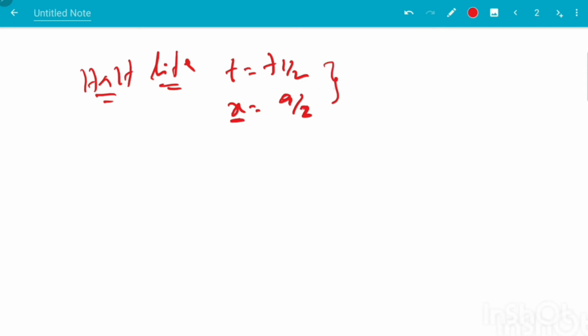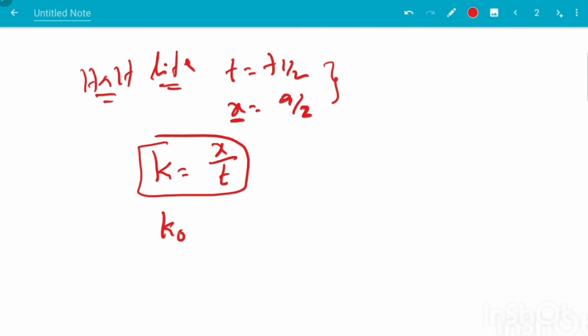Substituting these two values in the zero order equation k equals x by t, it changes into k naught, the zero order rate constant, equal to a by 2t.